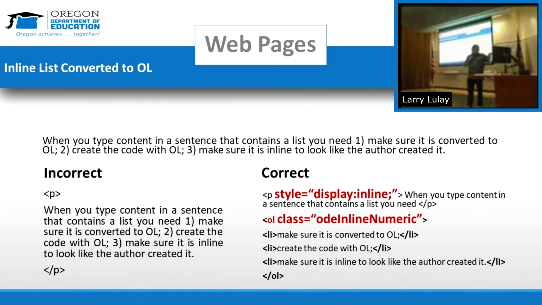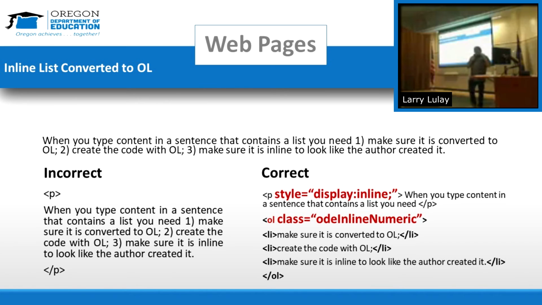This one was interesting because we see sentences where in the middle of a sentence you'll make a reference to numeric things in a list. I'm going to read it real quick: when you type content in a sentence that contains a list, you need 1 this, 2 that, 3 the other thing. If you look at the incorrect version, they wrapped that in a P tag. It was one paragraph, and they typed it all in there.